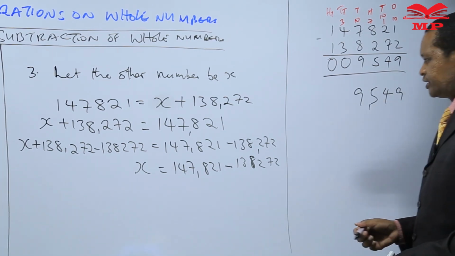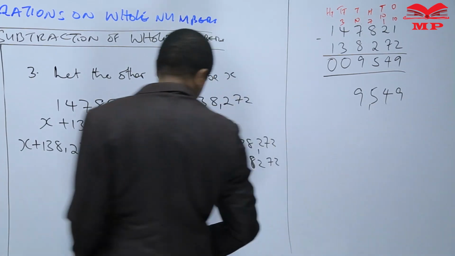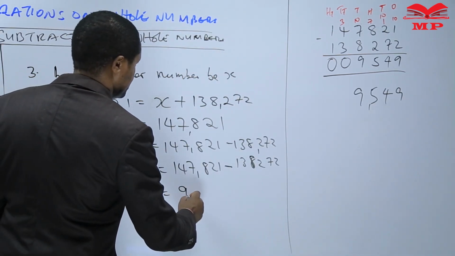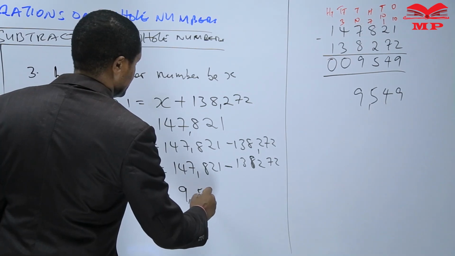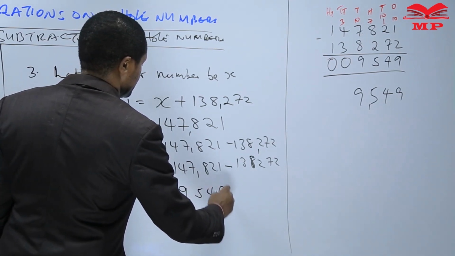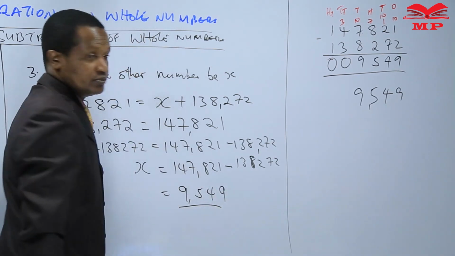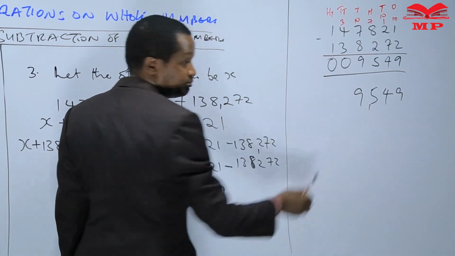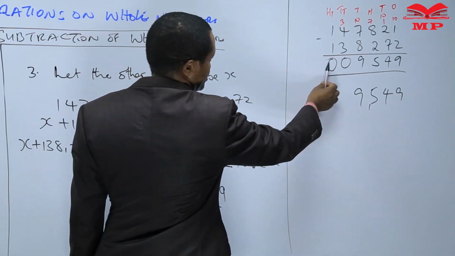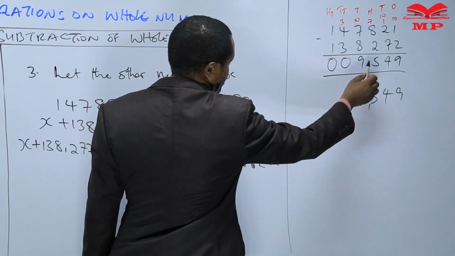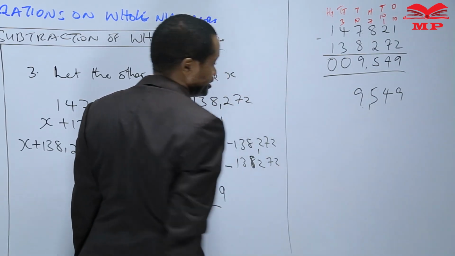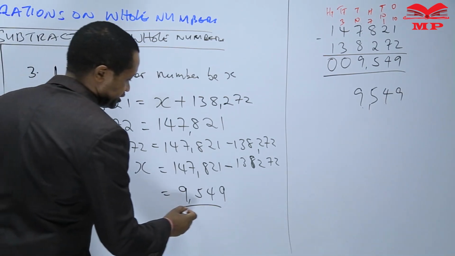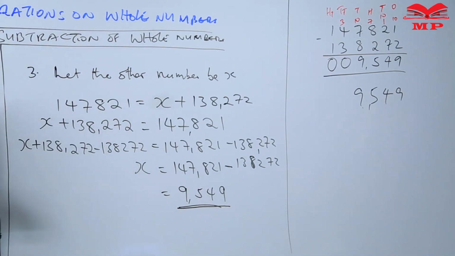So the other number here, learners, x, the unknown, is equal to 9,549, because zeros before a whole number are meaningless. The value of the number remains 9,549. So that is the answer.